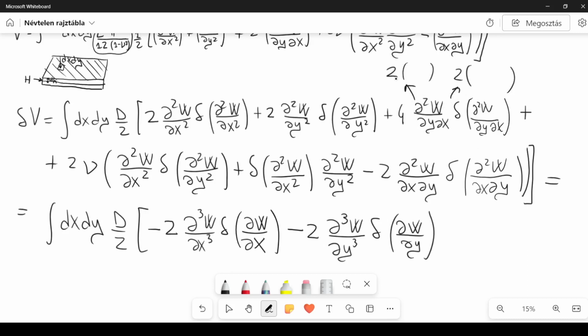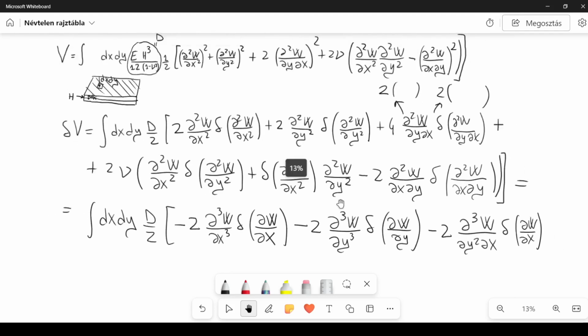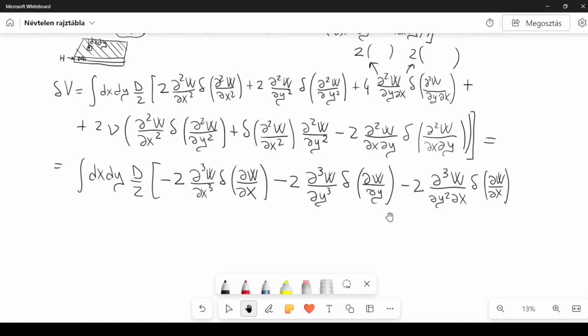And why is that? Well, because one of them, for example this one, we are going to integrate by parts over y. So I can write that as minus 2 d cubed w dy squared dx, and then I have delta of dw dx. I'm doing that for symmetry reasons. And then I can do the same thing for the other one, but in that case I'm integrating by parts over x.